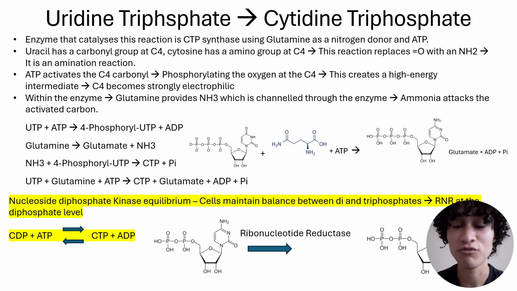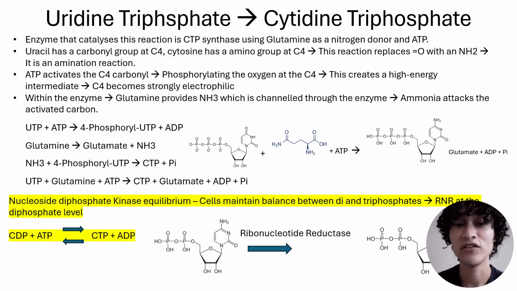It's going to be traveling through a hydrophobic protein channel to prevent cell toxicity, and it's going to be channeled through to the transfer domain, if you like, where that amine will act, and there will be an electrophilic substitution reaction where that amine group will come for that carbonyl group and replace it, and on that fourth carbon you now have your cytidine triphosphate. We've got that amine group now with cytosine.